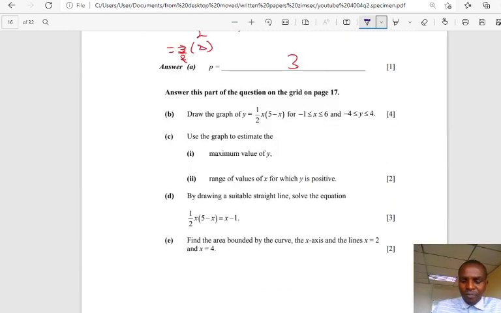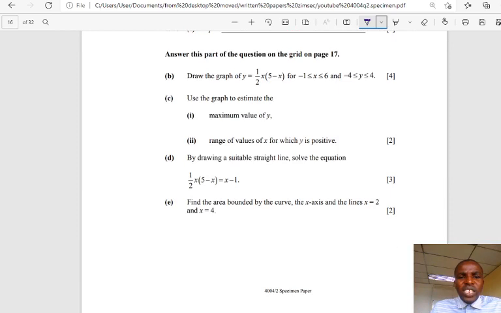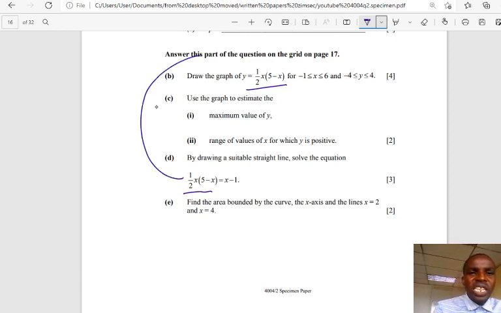Then next question. By drawing a suitable straight line, solve the equation 1 over 2x, 5 minus x equals x minus 1. This one represents the equation of our original graph, the graph that we have already drawn. So you make sure this one is the same as this one.